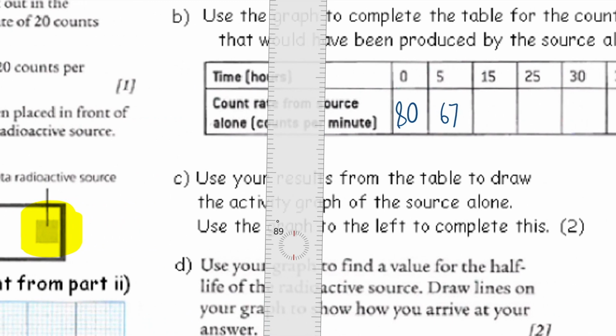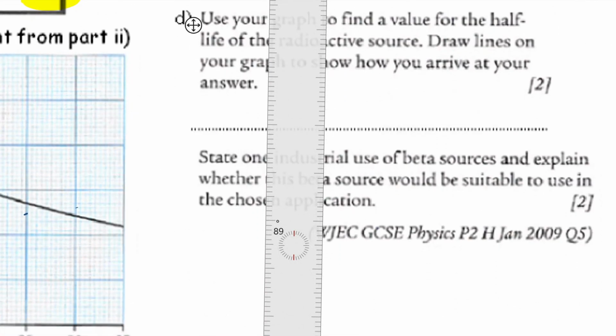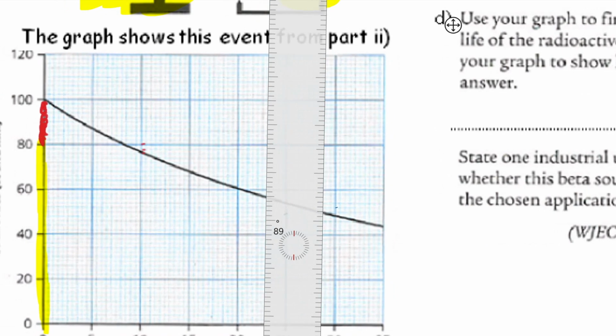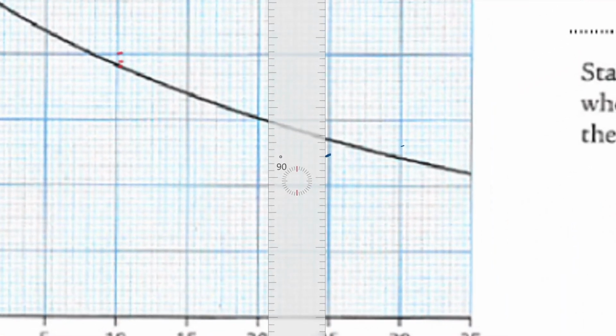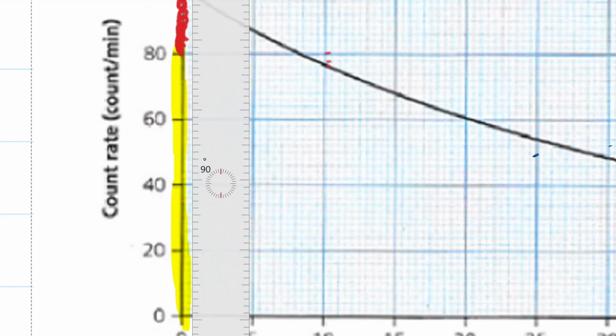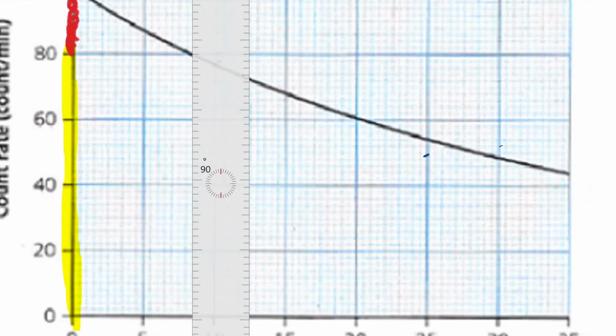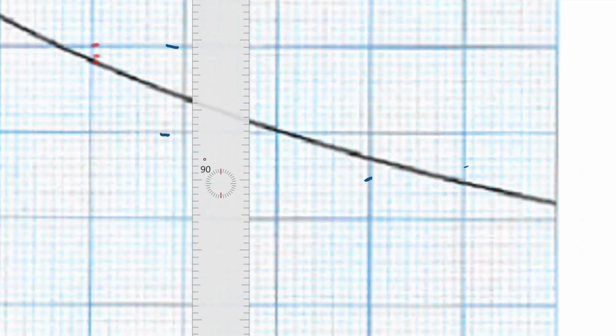I'll do one more with you. 15. So find 15. Get the ruler. And if we look at the scale, between 60 and 80, that's 60, that's 80, we're going up in 2s.